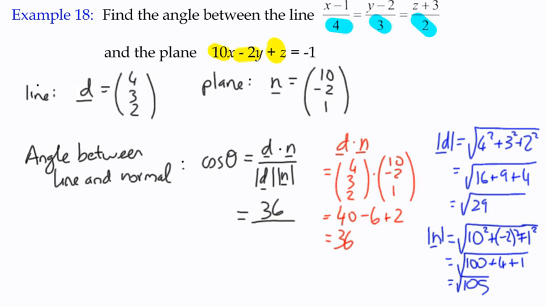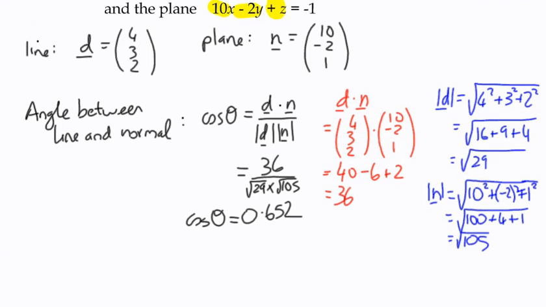So we can put those two numbers into our angle calculation. 36 over root 29 times the square root of 105, and if I do that in my calculator, I'm going to end up with 0.652. That's the cos of the angle.